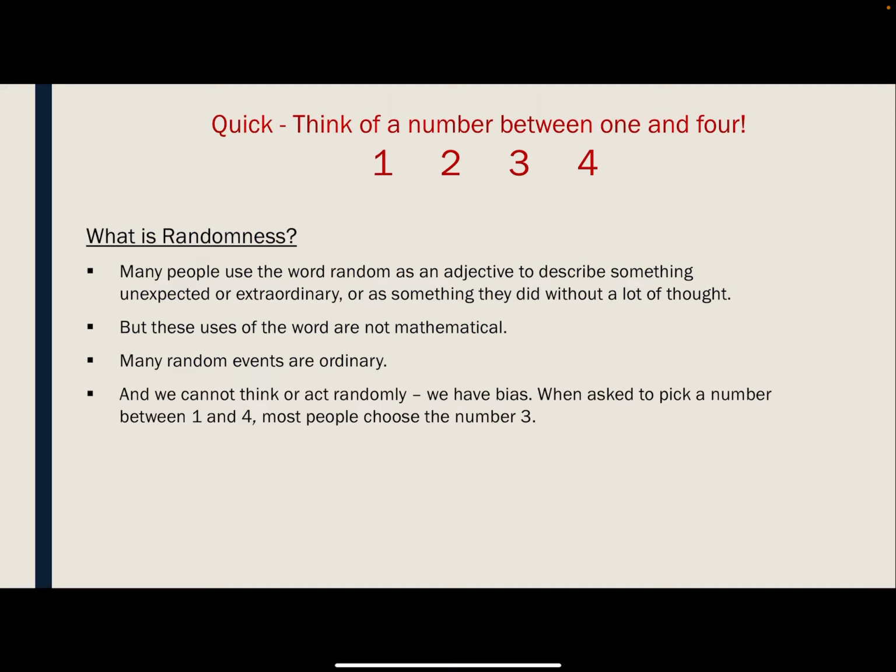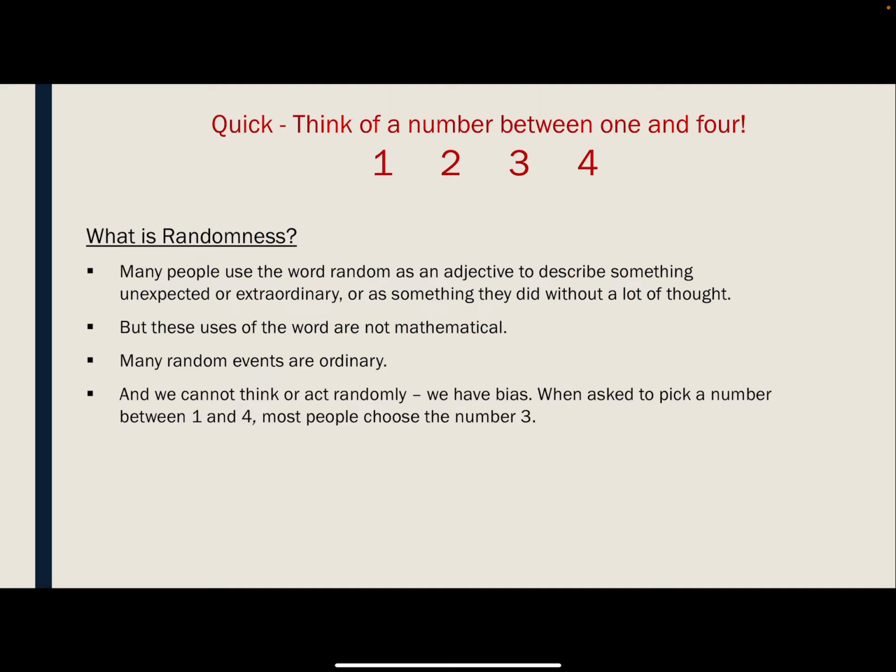And 3, it's like 75% of people will pick the number 3. So we ourselves, we cannot actually do anything randomly. We can't act randomly. But random is actually a really important concept in statistics. And so we need to actually be able to create random events.